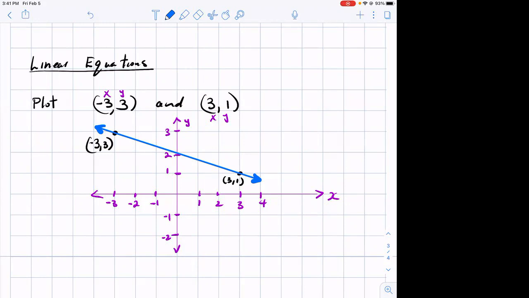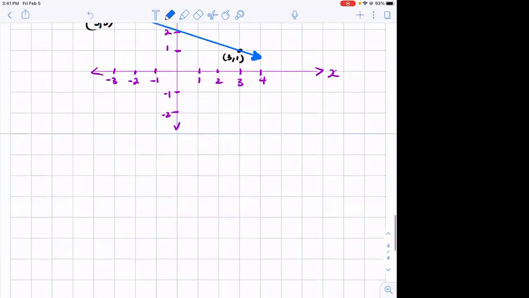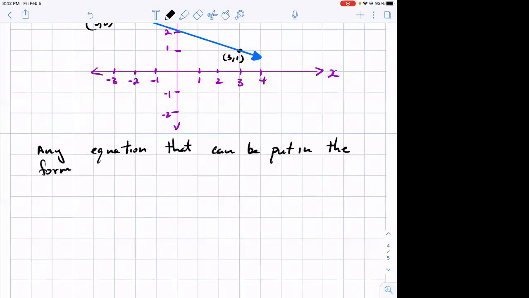Okay? So generally we say any equation that can be put in the form ax plus by equals c, okay, where a, b, and c are real numbers.